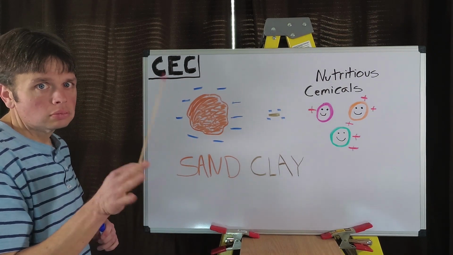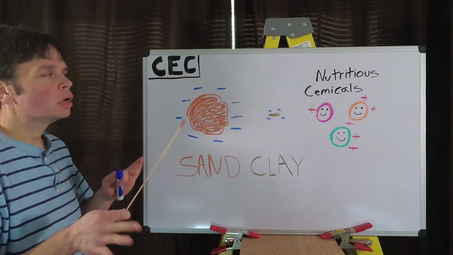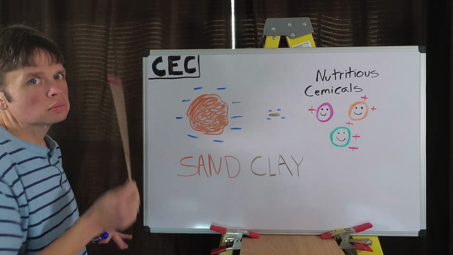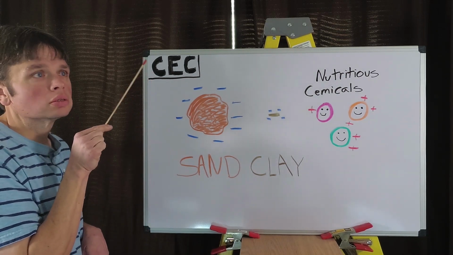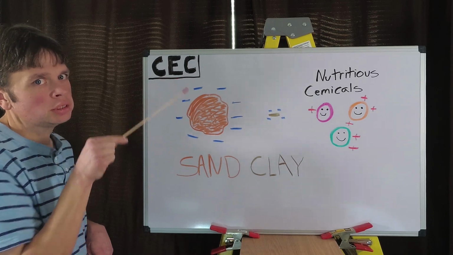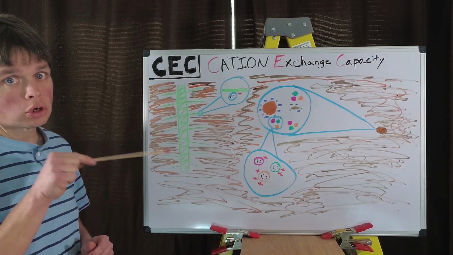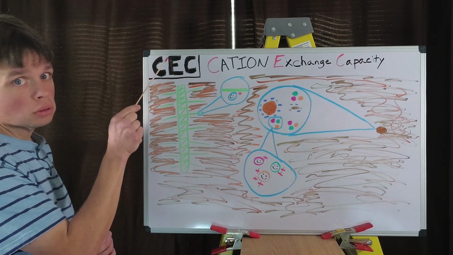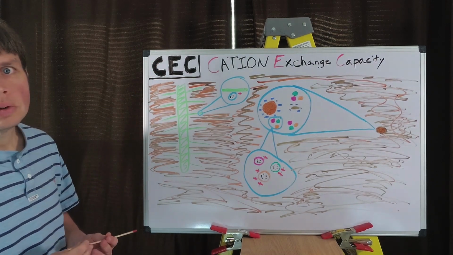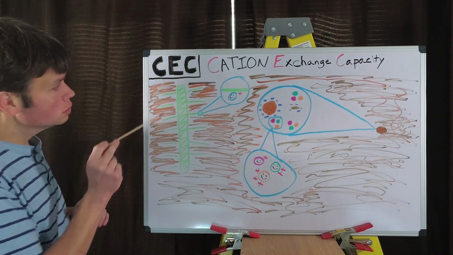And this, now we're diving deeper into what the scary CEC is. See, I told you we were going to go deeper into this whole CEC. We are now underground.